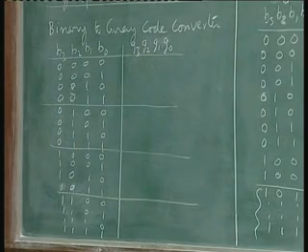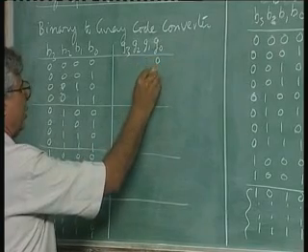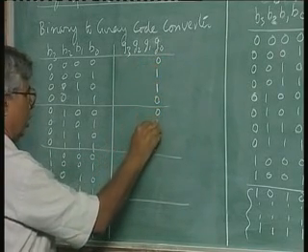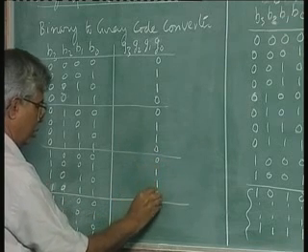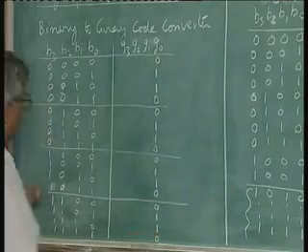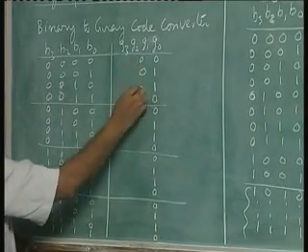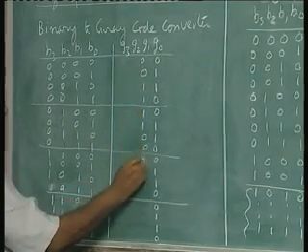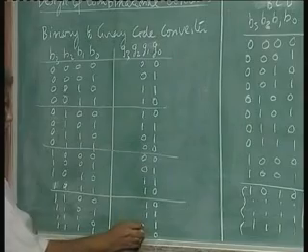Okay? So we will do this. This is very easy to write. 0, 1, 1, 0, 0, 1, 1, 0, 0, 1, 1, 0, 0, 1, 1, 0. Next bit will be 0, 0, 1, 1, 1, 1, 0, 0, 0, 0, 1, 1, 1, 1, 0, 0.